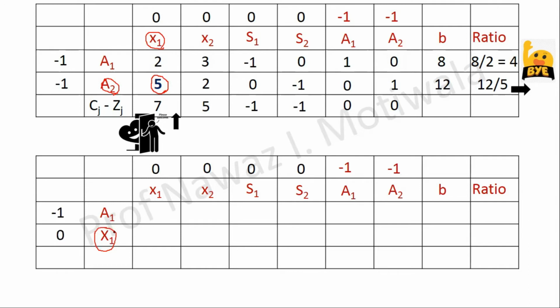Also, the ones which are in the basic variables make the identity matrix in that order. So I will write here 1 0 and 0 1 for a1 and x1. And to make this 5 as 1, we have to divide this entire row by 5. So I will get the answer as 1, 2 by 5, 0, -1 by 5, 0, 1 by 5, and 12 by 5 respectively.